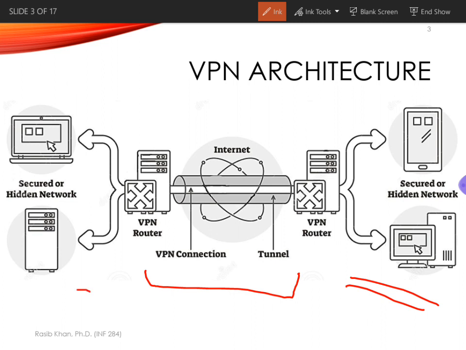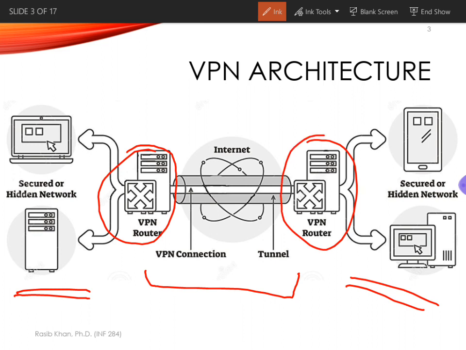And this, in this example, could be placed on two ends. And the VPN routers, as you can see here, are basically the servers which allow these two ends to connect over the internet using a VPN connection, something that we also refer to as a tunnel.